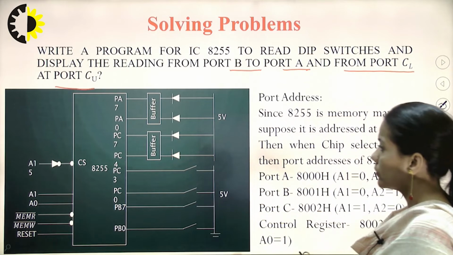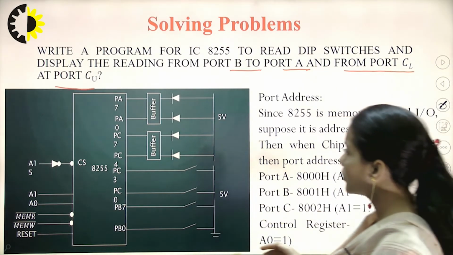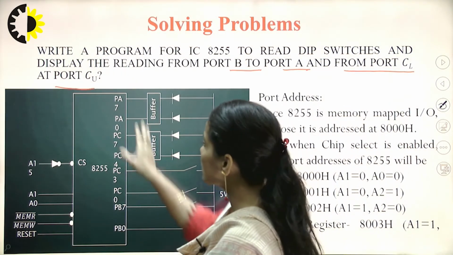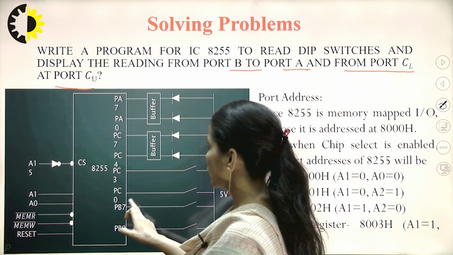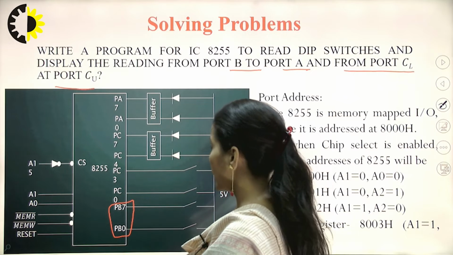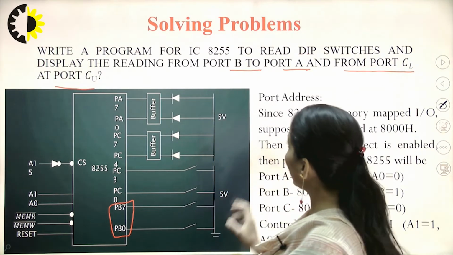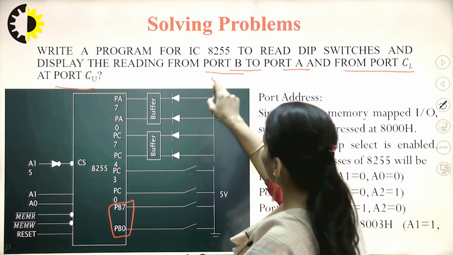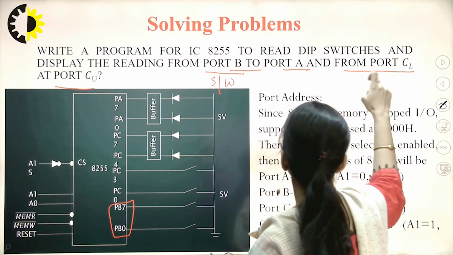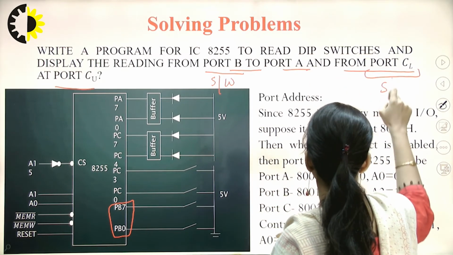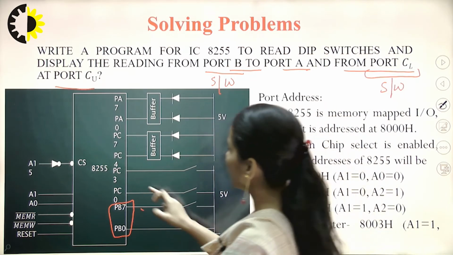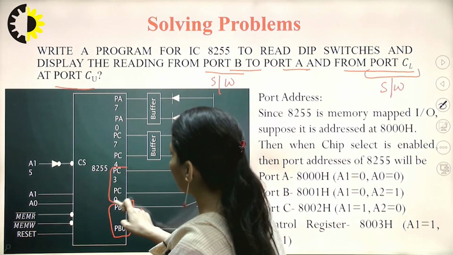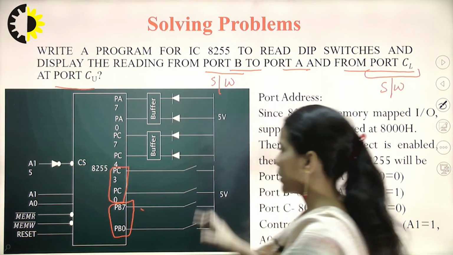As you can see from the figure, this is 8255, this is port B. At port B switches are connected and at port C lower, PC0 to PC3, switches are connected.